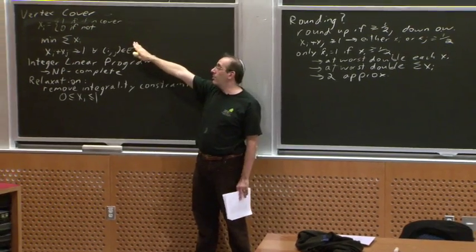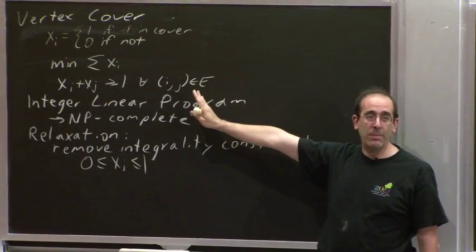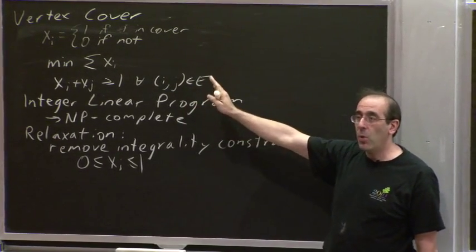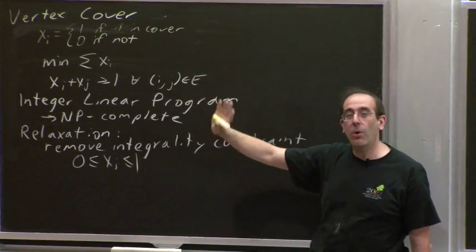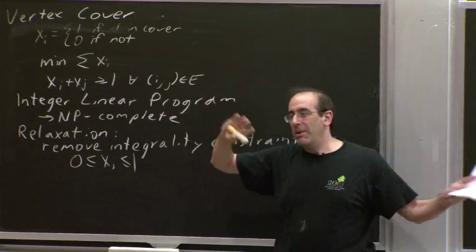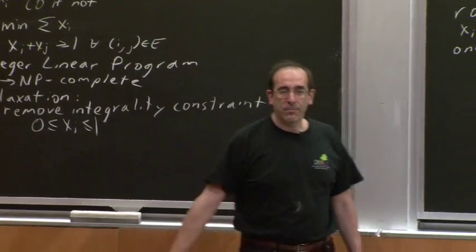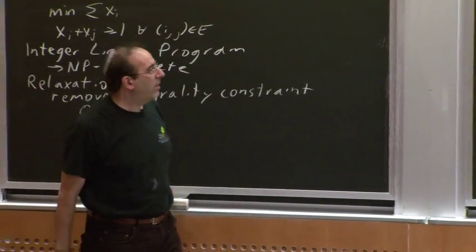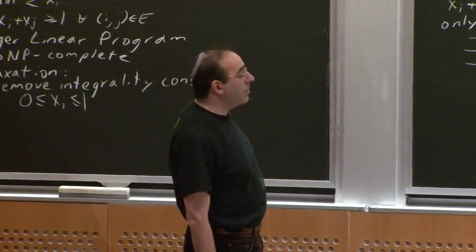They furthermore proved that if the variable is 0, then it does not belong in any optimum vertex cover. If the solution is 1, then it belongs in the optimum vertex cover. So the only ambiguity is for the variables that are 1/2. For those, we take all of them because we can't tell whether they should be in the vertex cover or not. This is a very interesting polytope that's been studied a lot in its own right. So we get a 2 approximation.